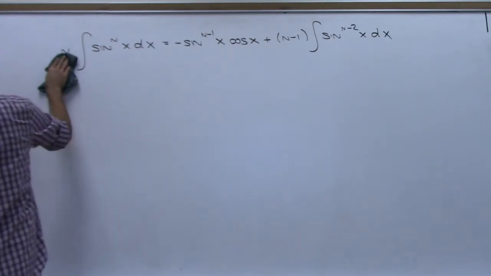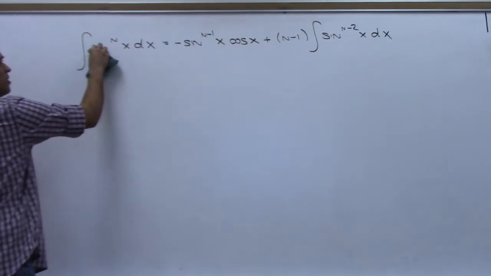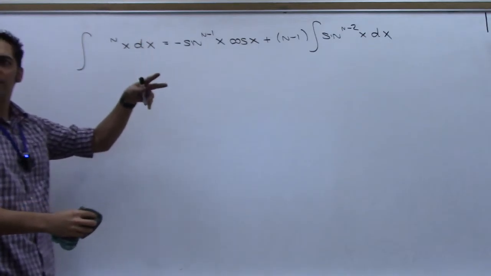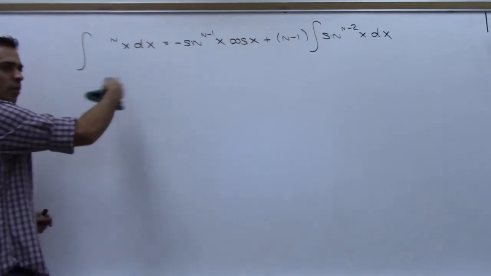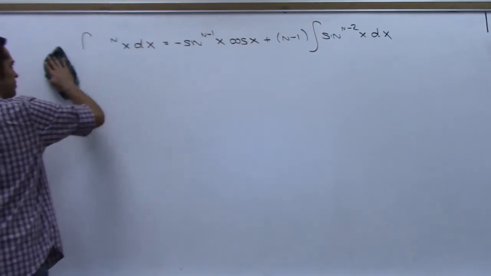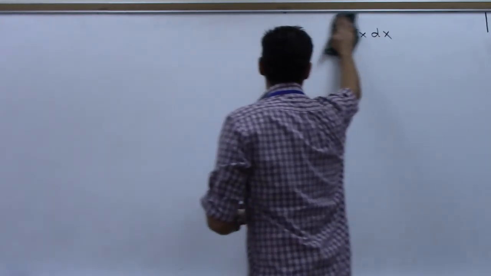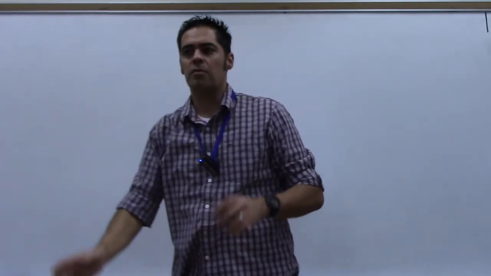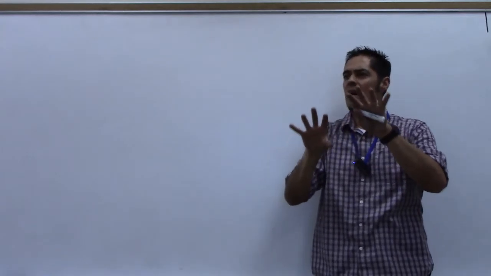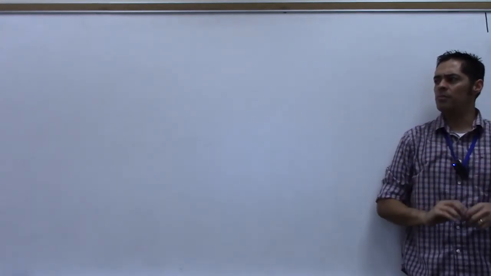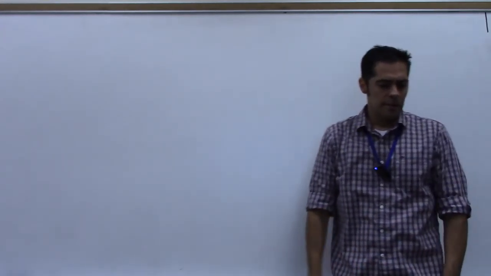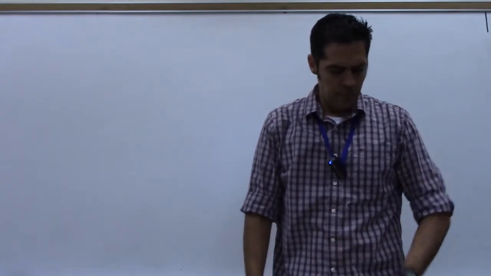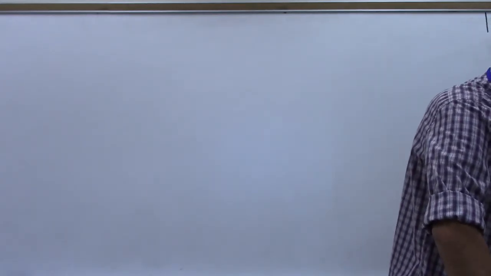I imagine that you could do the same thing for cosine. There's got to be a formula for cosine to the n then, right? You could kind of get an idea of how they chose their u and their dv just by looking at it. All right, that's all I had for that.